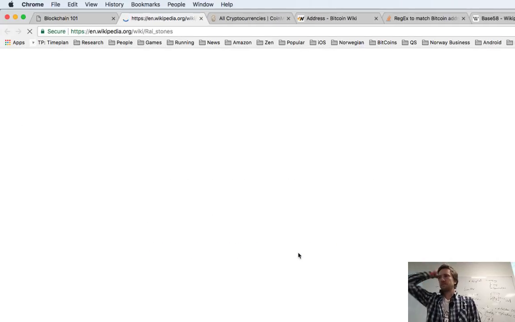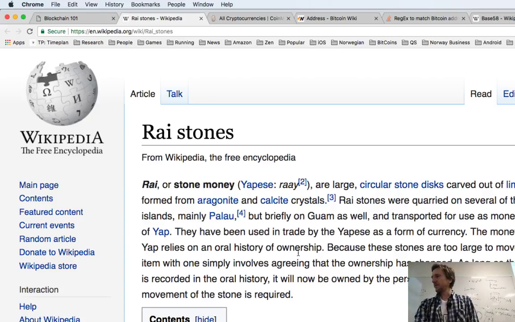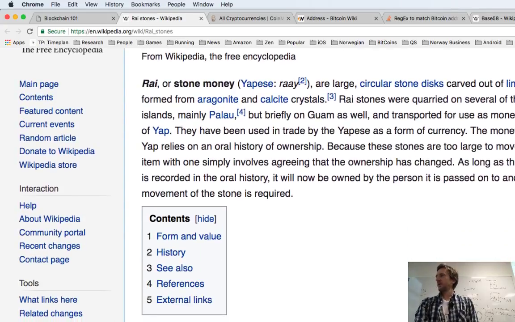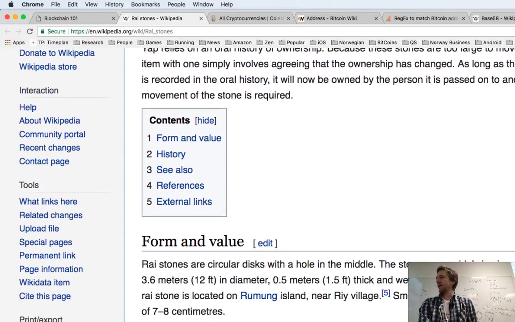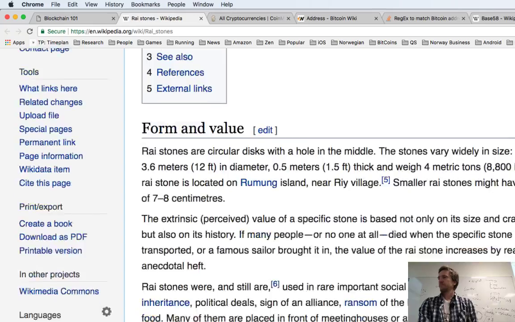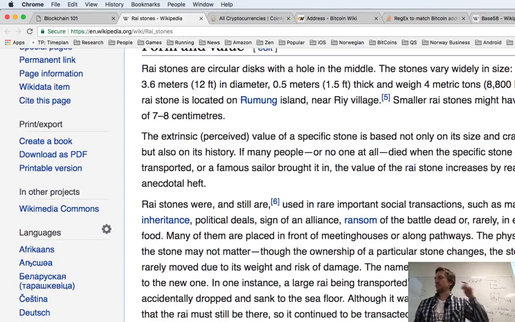There was an island in the Pacific which was using huge circular stones as money, right? So you can check it out. The stones were quite huge.